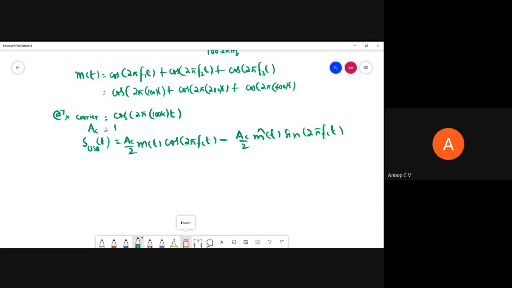Now our m of t is given by this. So what will be m cap of t? It is cosine, right? The Hilbert transform of cosine is sine. Just now we saw that.